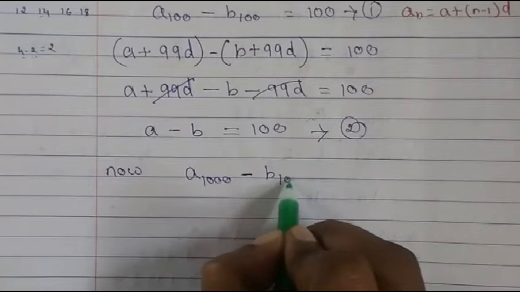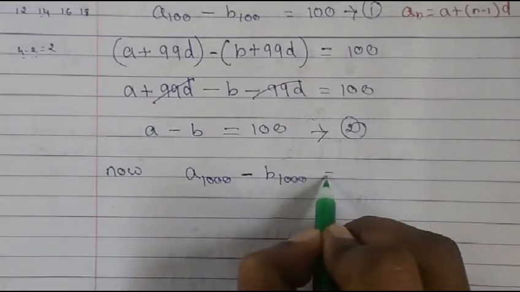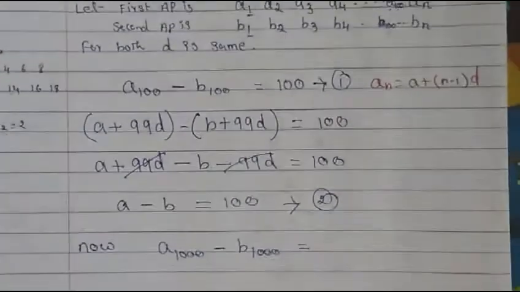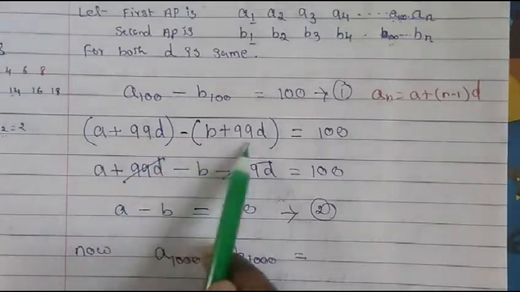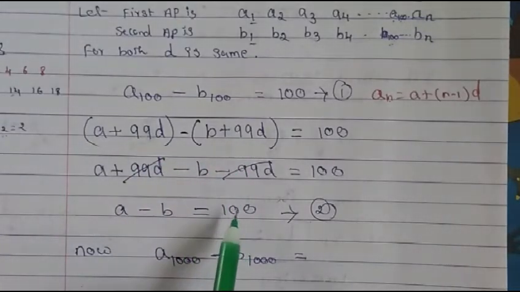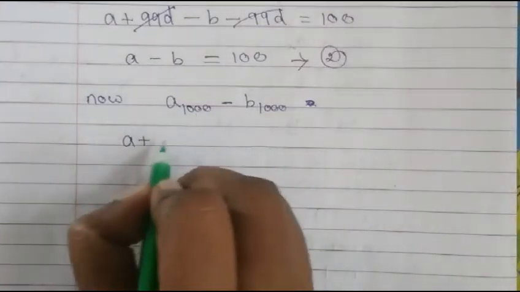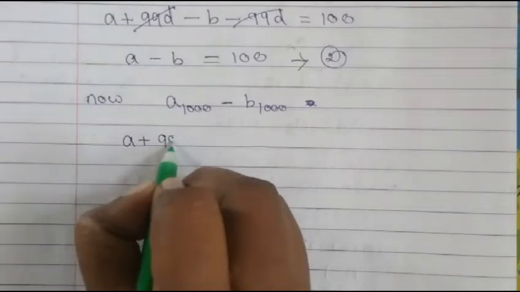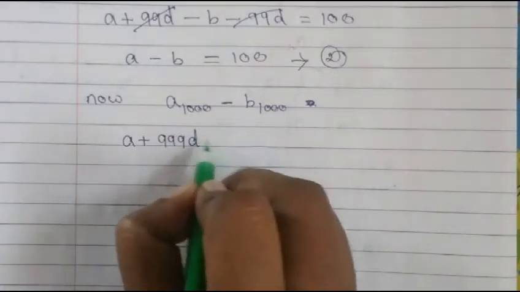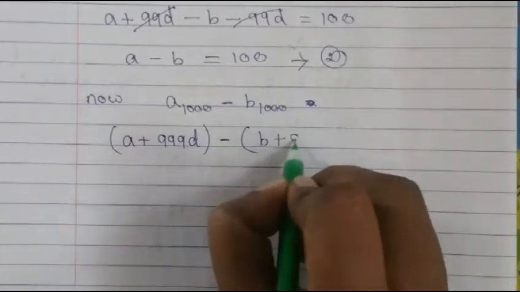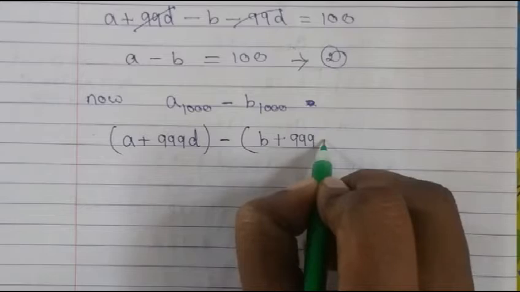Minus b 1000th is equal to, let's write down, this also we can write down the same way with the formula: a plus, 1000 minus 1 will give us 999d, then minus b plus 999d.